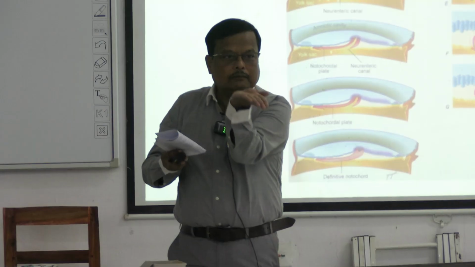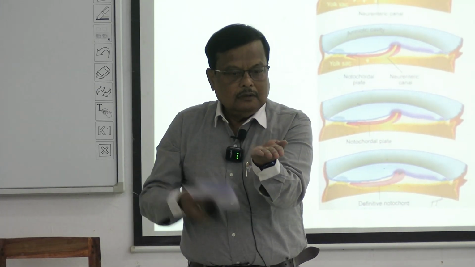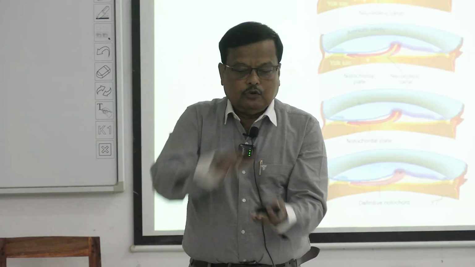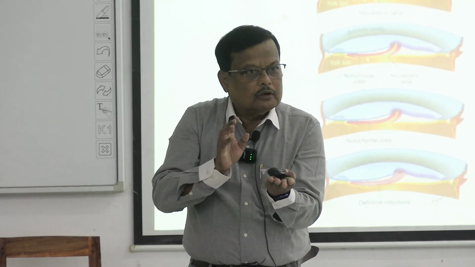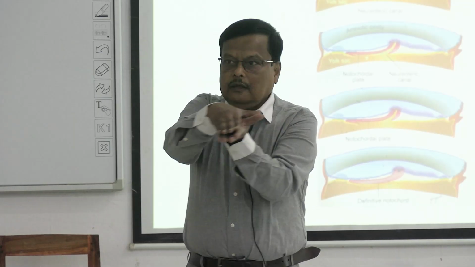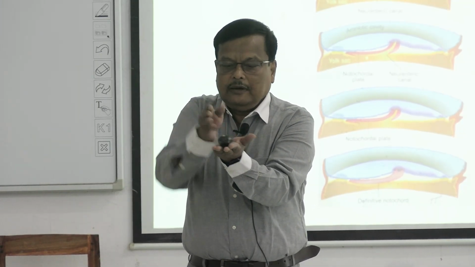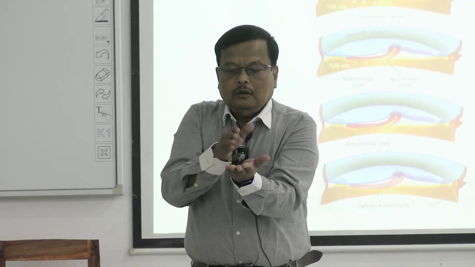This is the endoderm, the lower ventral layer. This is the ectoderm. This is the notochord, midline. Clear? It is the notochord in the midline coming from the primitive node.